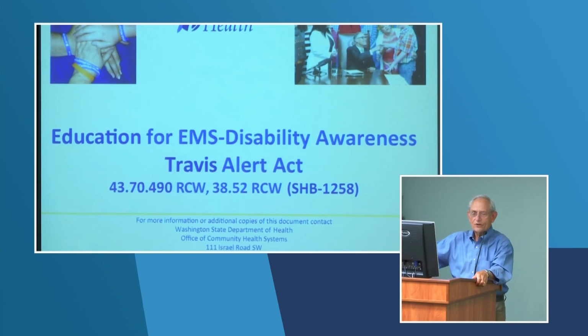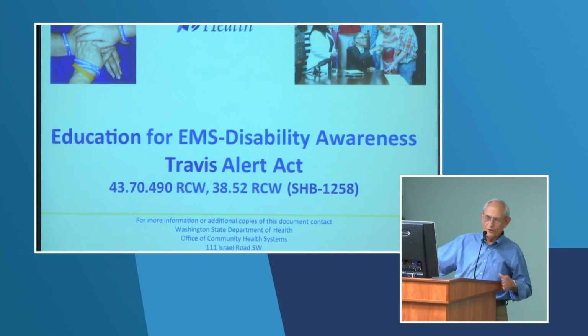and so they began talking with their representative, whose name is Gina McCabe, and she sponsored a bill which ultimately became the Travis Alert Act. Now, originally, the Travis Alert Bill was to deal with just persons with autism, and then the rest of the disability community began agitating that they wanted in on the action too.